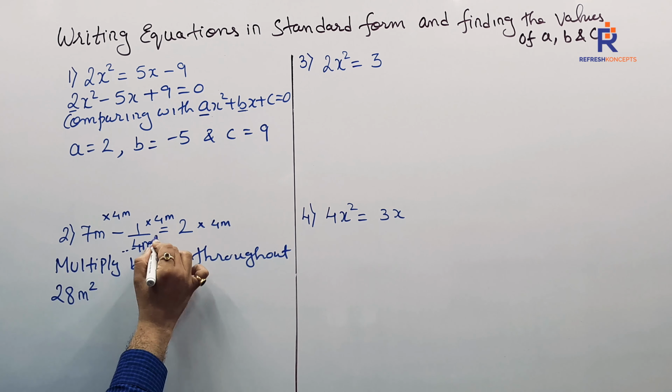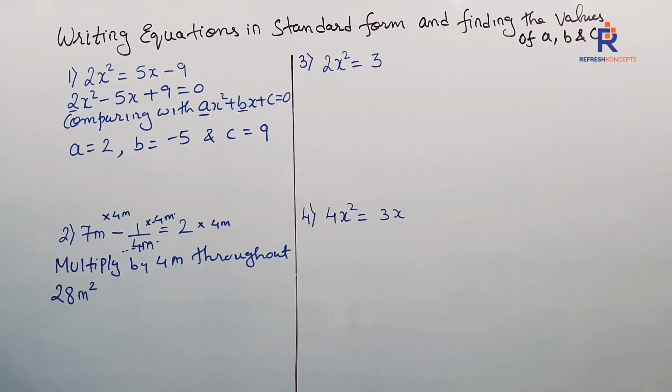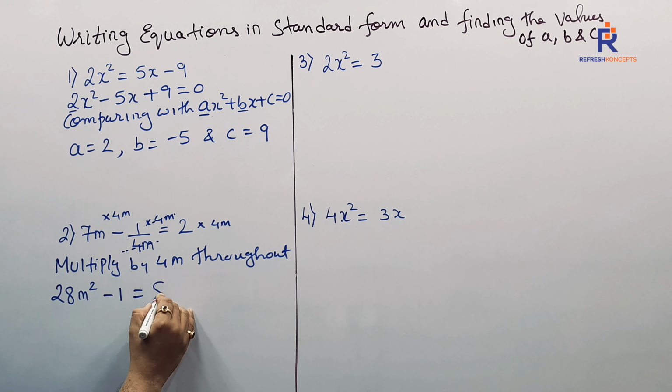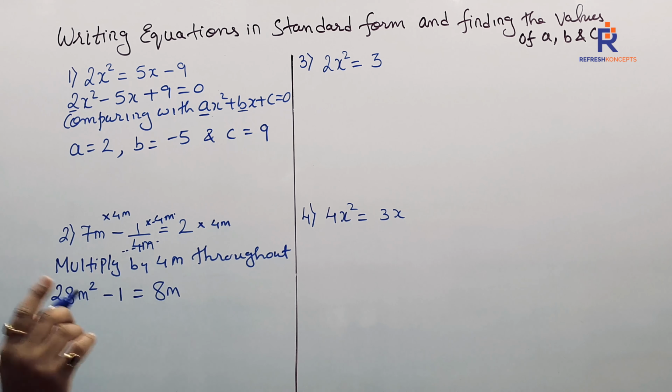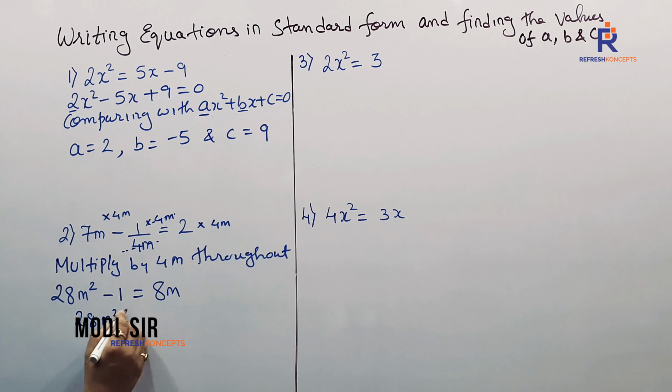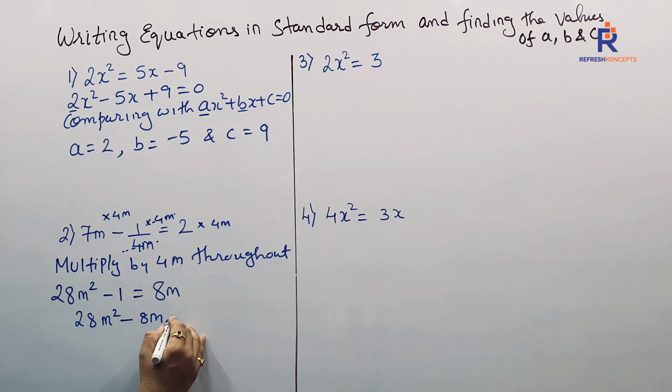This 4m shall get cancelled off. I'm left with minus 1 is equals to 2 into 4m, which is 8m. Still, is it in the standard form? No. Bring it to equal to 0 format. So 28m square. This one comes here, becomes minus 8m. Minus 1 equals to 0.